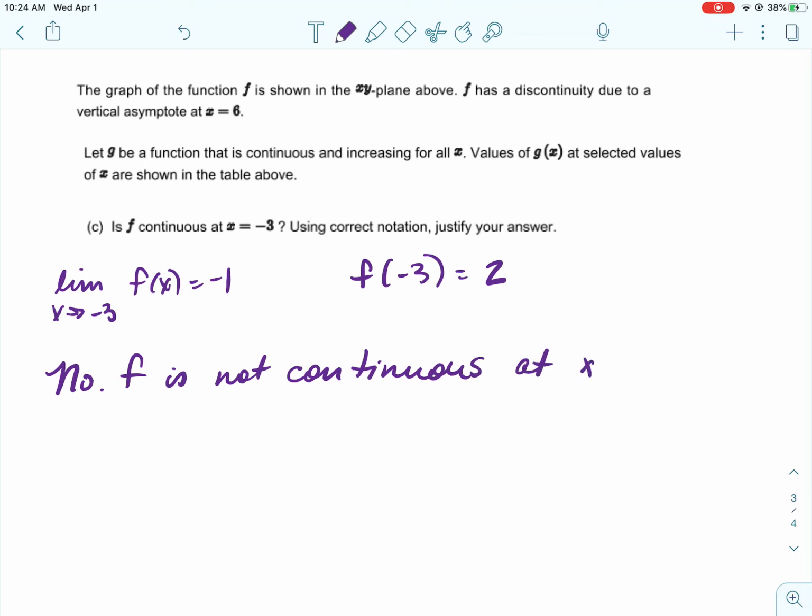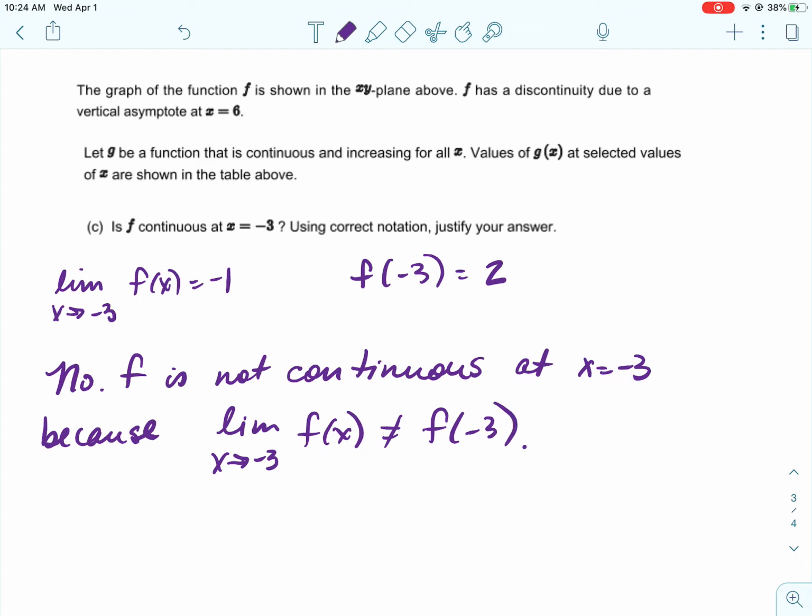So we would say no, f is not continuous, because the limit as x approaches negative 3 of f of x does not equal f of negative 3.